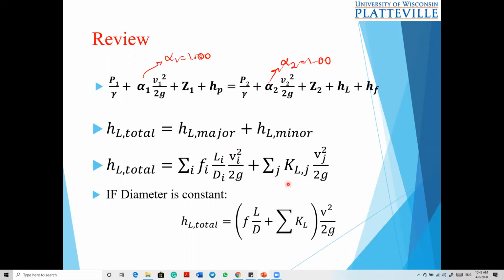It's manufacturer dependent, so we don't have to calculate it. We just need to use the table from your textbook. So this one comes from a table in your textbook, and the friction factor comes from the Haaland equation or Moody's diagram.